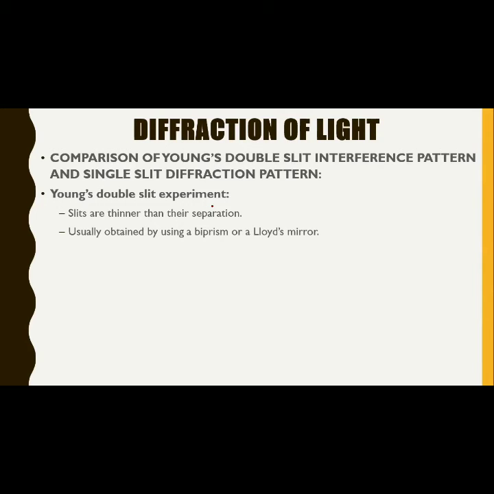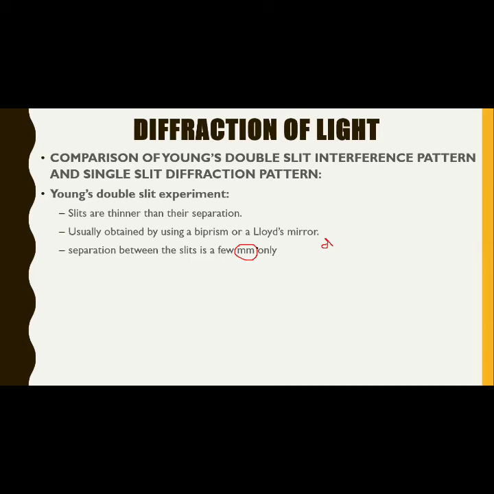Thirdly, when we consider the separation between the slits, the distance between the slits, given by small d, was very, very small. Practically speaking, it was a few millimeters, maybe 1 millimeter or even less than 1 millimeter. As against that, the distance between the slit and the screen was around 10 meters. And how did the pattern look?